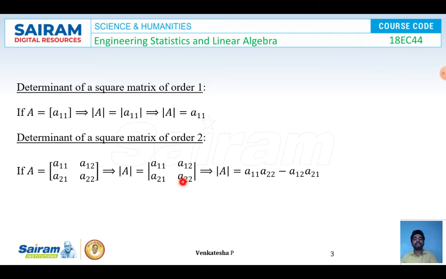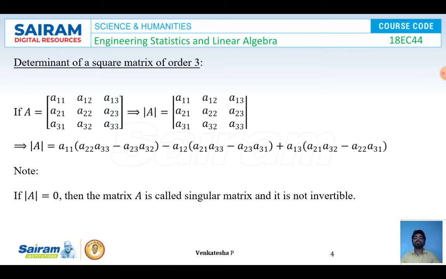After expanding this, I get the determinant of A is equal to A11 A22, by cross multiplication of this element with this element, minus sign, next A12 into A21. So I got the expansion of A is equal to A11 A22 minus A12 A21 for the matrix of order 2.